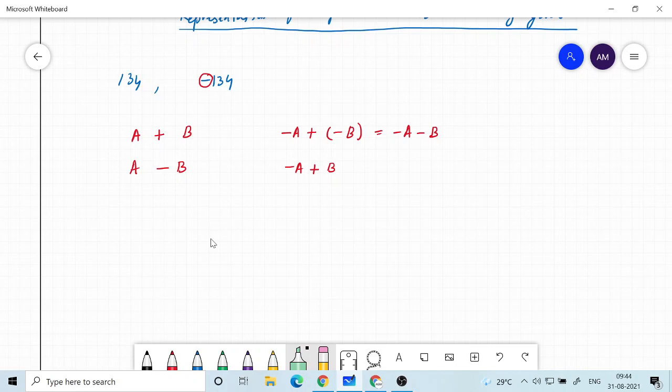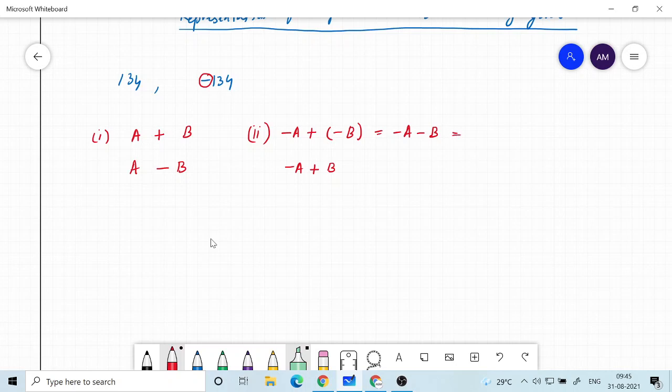sign, then what we do is you just add them. For example, in the first two cases, this is case 1 and this is case 2. In these two cases, both have same sign. A has same sign, B has same sign. They are positive. Here A and B both have same sign, but they have a negative sign each.